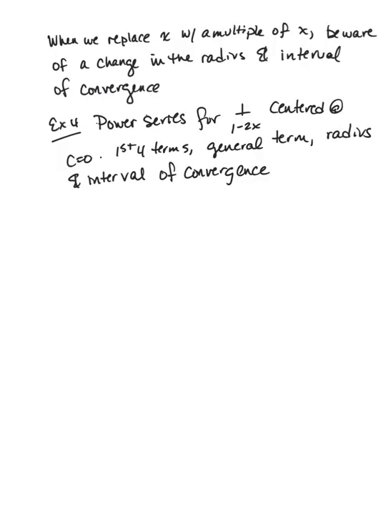Okay, so let's just remind you that this comes from the geometric series. Right here, you know how you have the formula a sub 1 over 1 minus r. So remember, this is your r. So the absolute value of r is the absolute value of 2x. Now remember, that has to be less than 1.